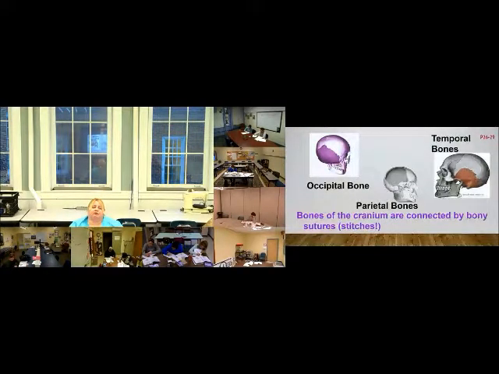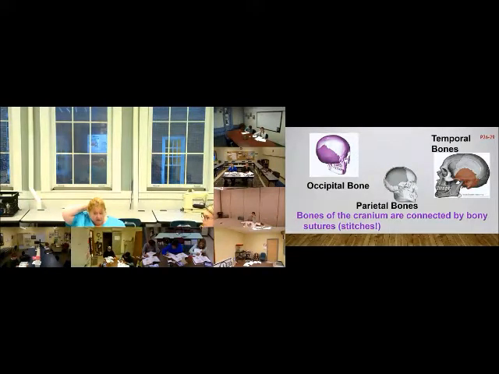So we're going to start with the cranial bones, and this shows the occipital, parietal, and temporal bones. So occipital is the very back of your head, and I find sometimes it's useful to make the motions as you say the bones. You might feel a little funny, but we're all friends here.